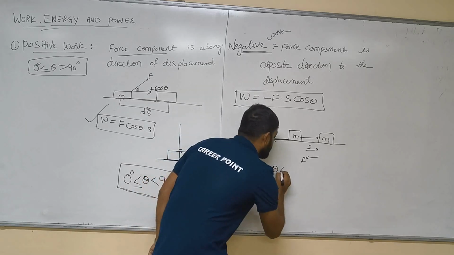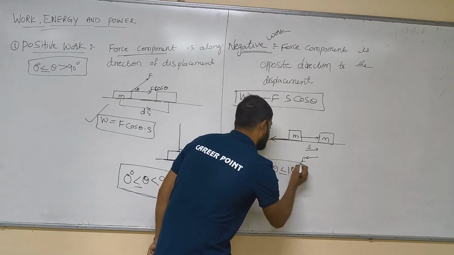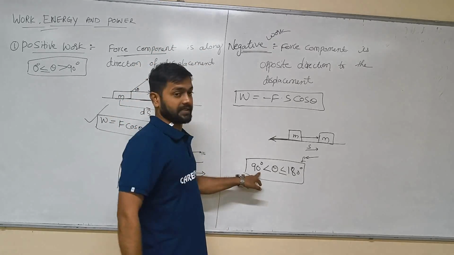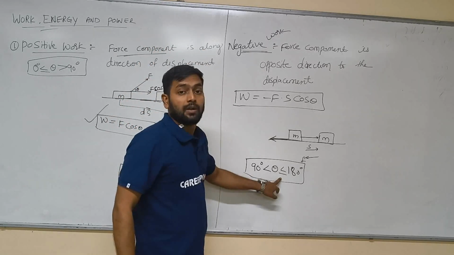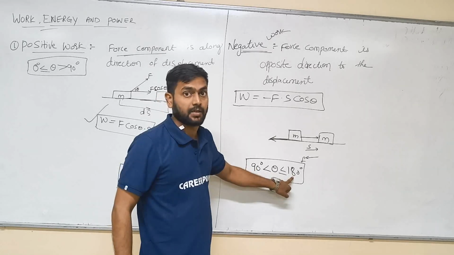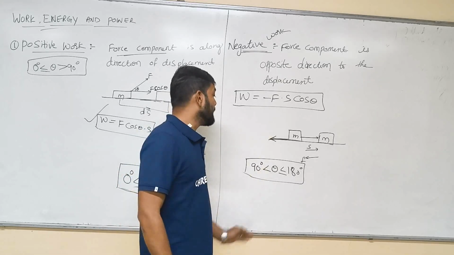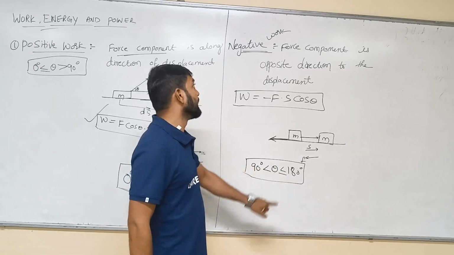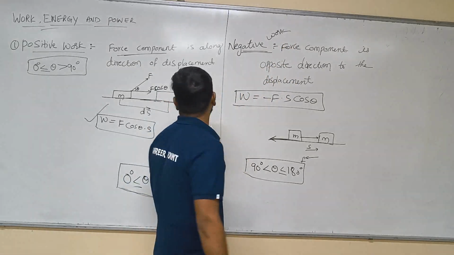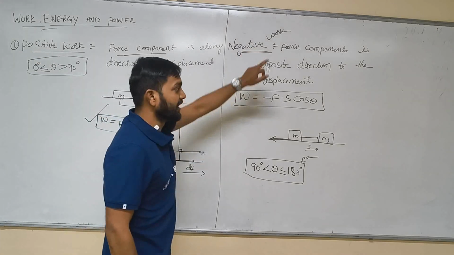The angle is more than 90 degrees and less than or equal to 180 degrees. If any force is applied between these angles, we may take that as the negative work. So here we got the positive work and negative work.